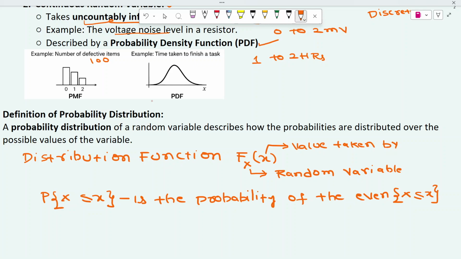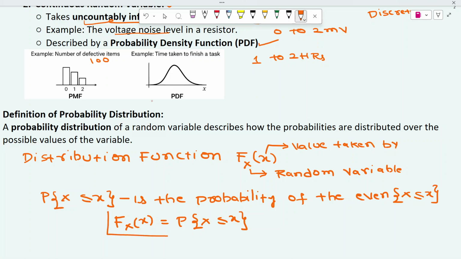So the random variable is taking all the values up to small x, and this is denoted by the probability of capital X less than or equal to small x. This is called the distribution function. F_X of x is nothing but the probability of X taking all the values less than or equal to small x. This is also called the cumulative distribution function, because it adds all the probabilities of the random variable X taking values up to small x. In short it is denoted CDF, or we can simply call it the distribution function.